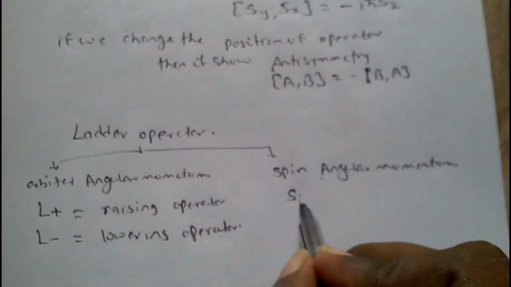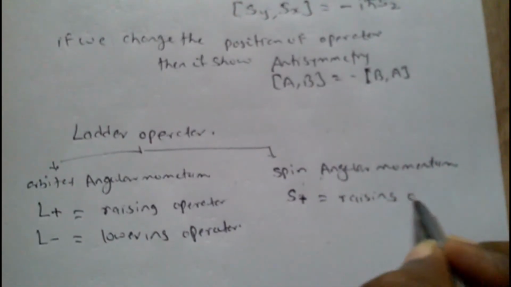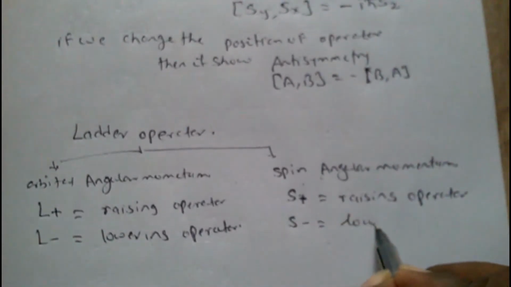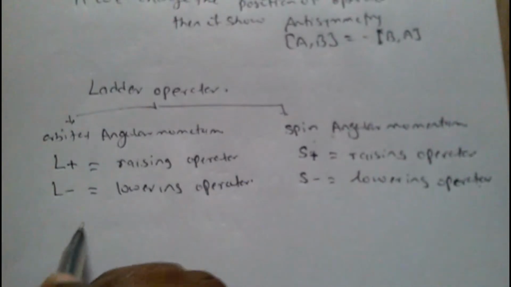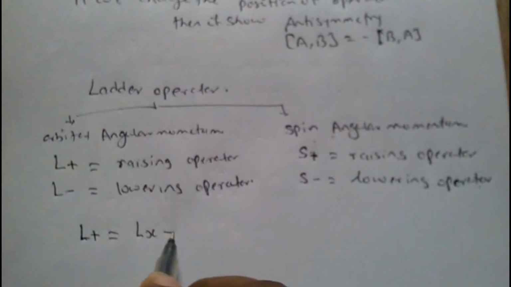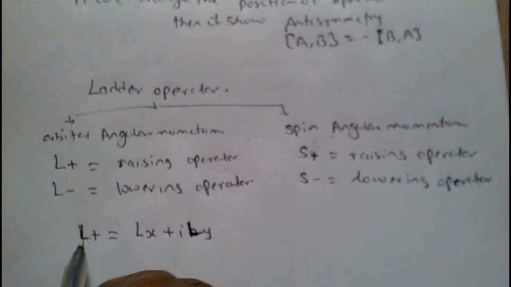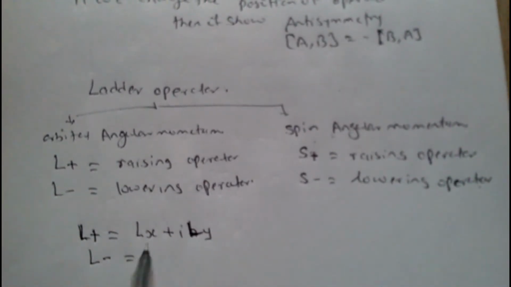Like this, here also S plus is a raising operator, S minus is a lowering operator. So L plus equal to Lx plus i Ly, and L minus will be Lx minus i Ly.